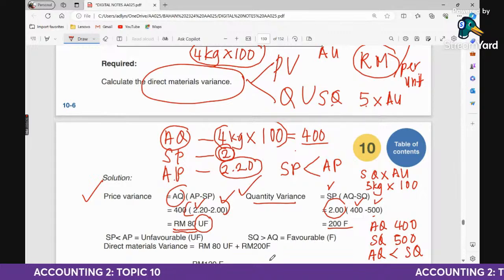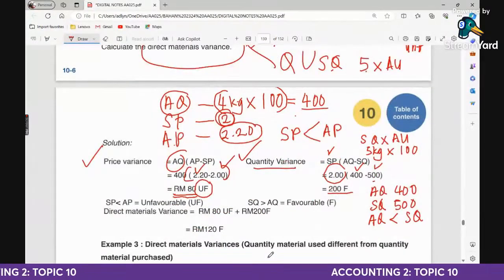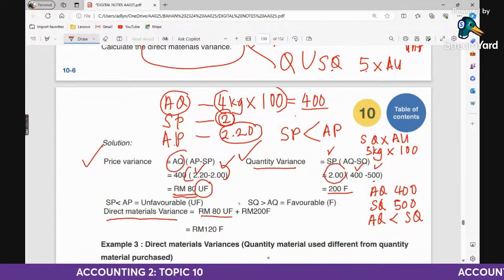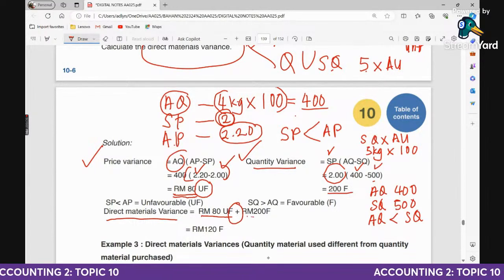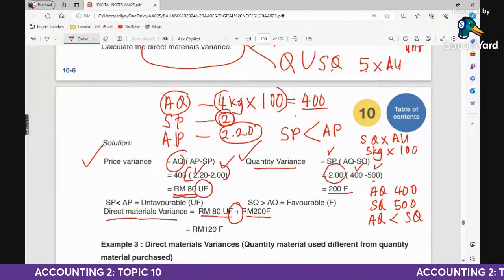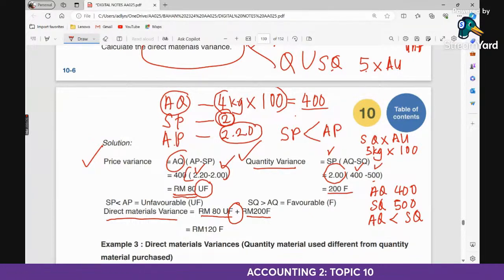Okay, so how much is my direct material variance? Yang you kira tadi 80 unfavorable tambah 200 favorable. So satu unfavorable, satu favorable. Dia macam negatif dengan positif lah. So jawapan you akan dapat ialah 120. Kawasan mana lebih besar?